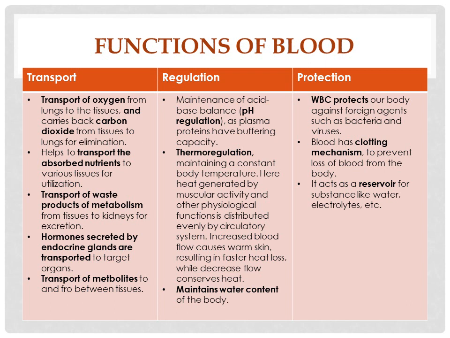For example, if the purpose is to reduce the temperature, heat generated by our normal physiological activities is distributed by the circulatory system, and increased blood flow happens. This causes warming of the skin and results in faster heat loss.